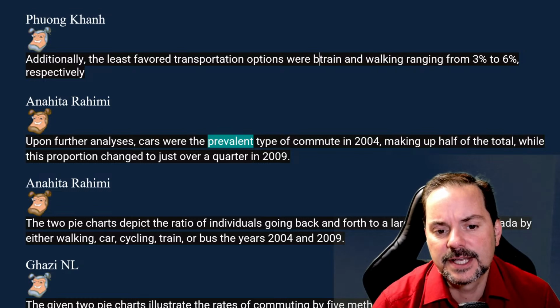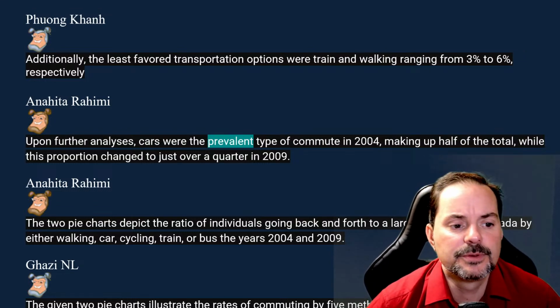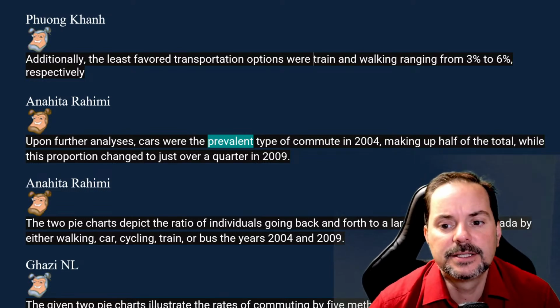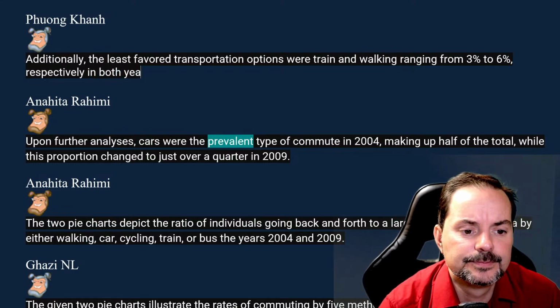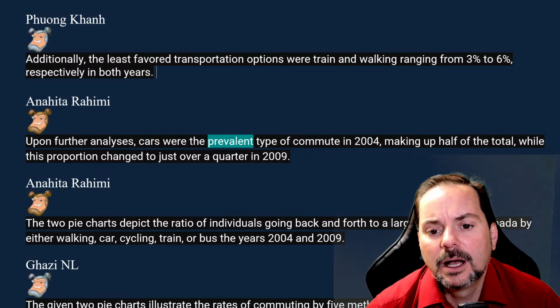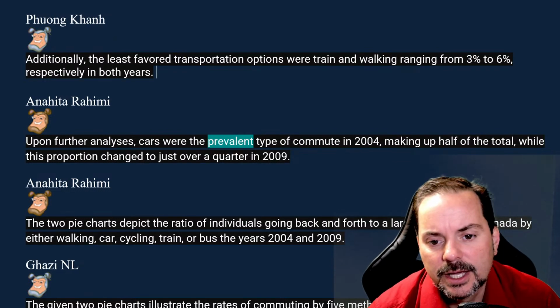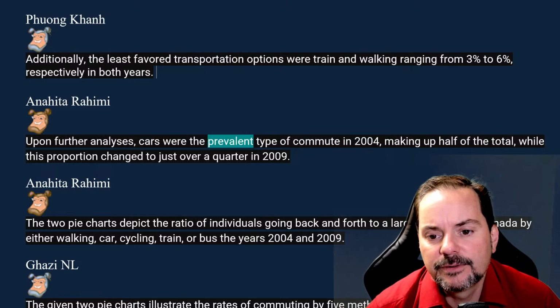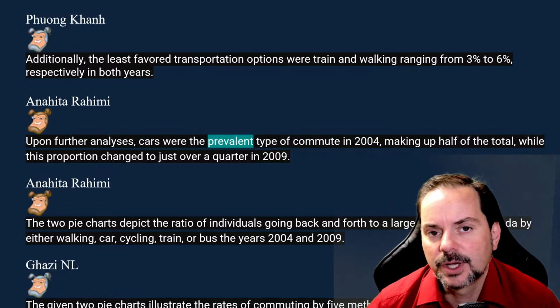You don't need to emphasize, so you don't need a correlative there, Phuong. Okay, something like that. Phuong is fine. Yeah, I agree. Okay, so simple, ranging from 3 to 6% respectively in both years. Sure. Okay, it works.